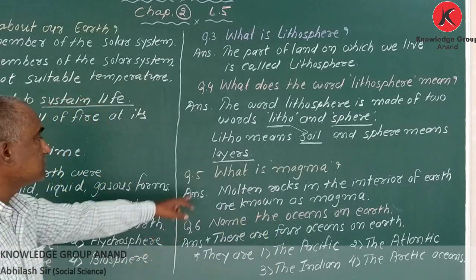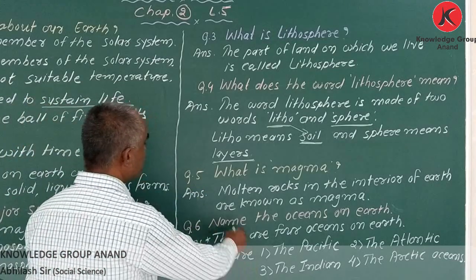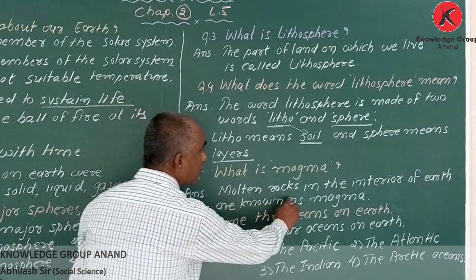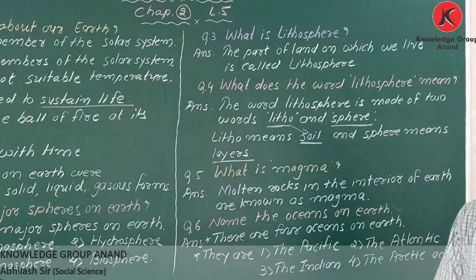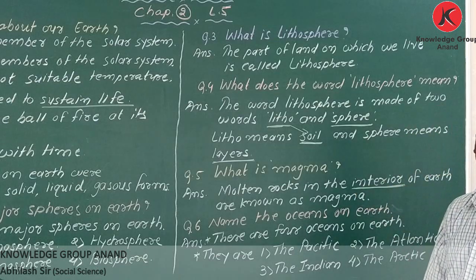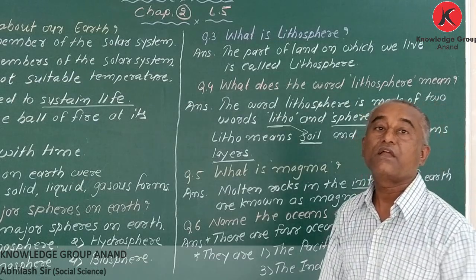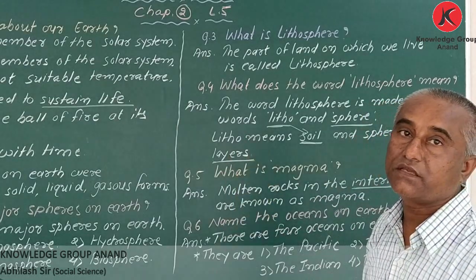My next question is, what is magma? My dear student, molten rocks in the interior of the earth. Where? In the interior. What? Molten rocks. Molten due to, and you know there is plenty of heat when we go in the interior of the earth.